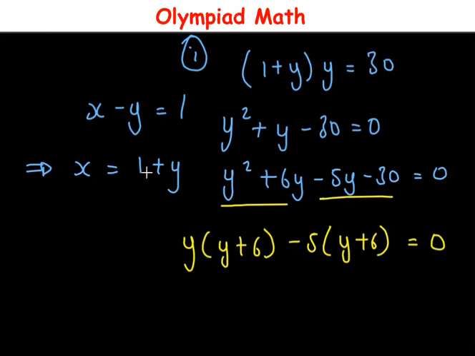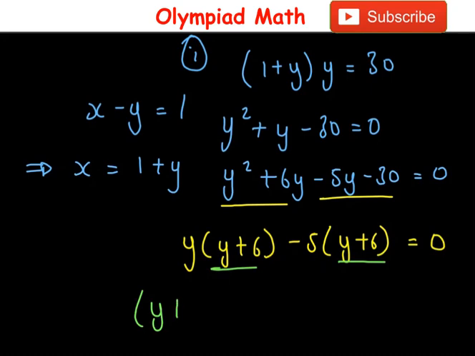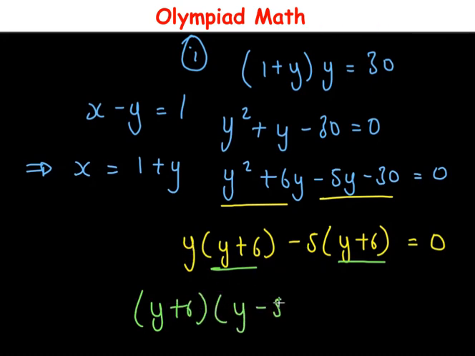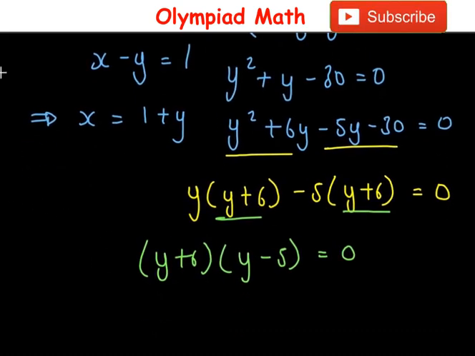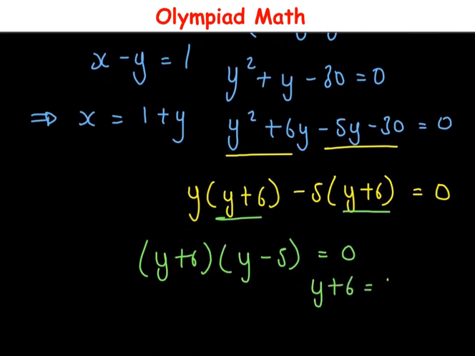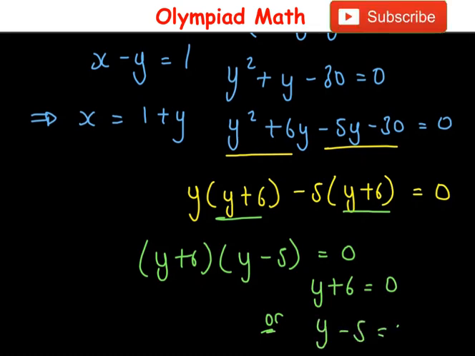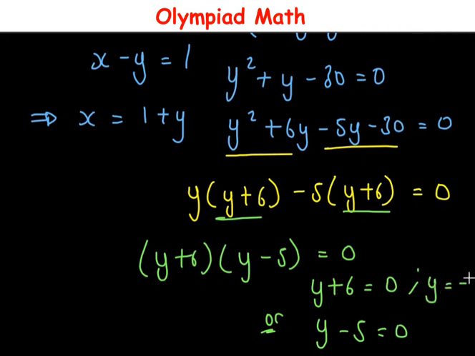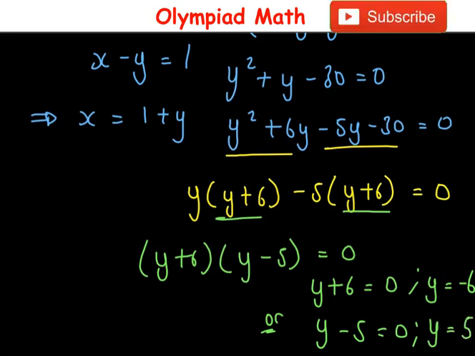We have a common factor, y plus 6, then we have y minus 5, and this equals 0. At this junction, you can equate y plus 6 to 0, or y minus 5 to 0. From this, the value of y is equal to minus 6, while from the other, the value of y is equal to plus 5.